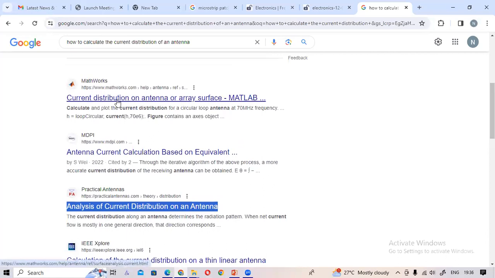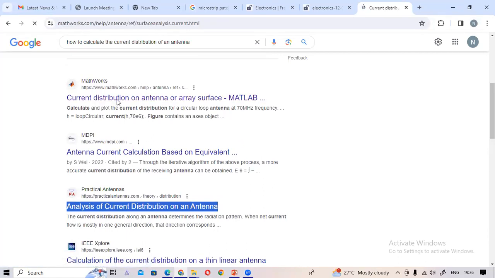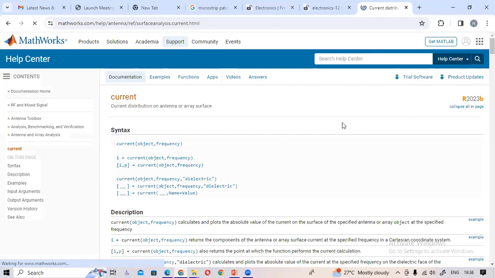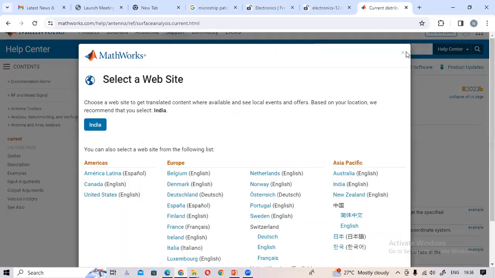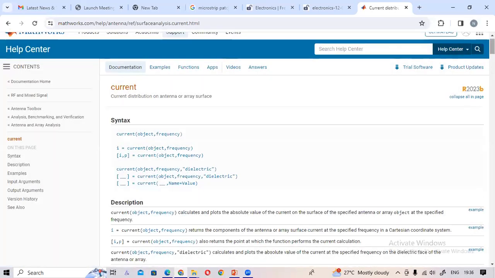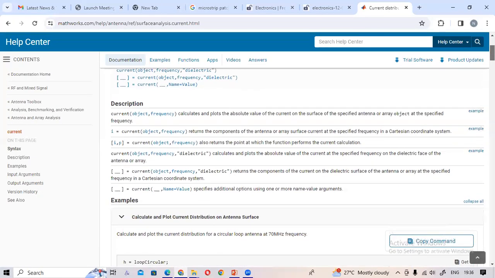There are many approaches, but there is one standard approach. In MATLAB also you can calculate the current distribution.